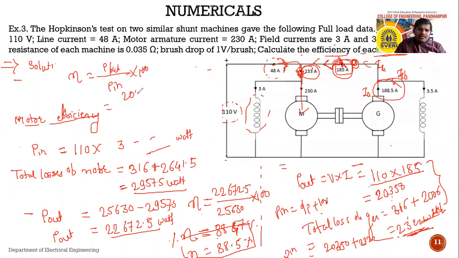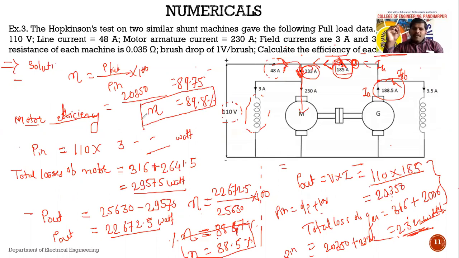So output power आहे 20350 divided by input power. किती येते? 89.75. Okay, so efficiency it is equals to 89.75, or we can write it is 89.8% efficiency of the generator.